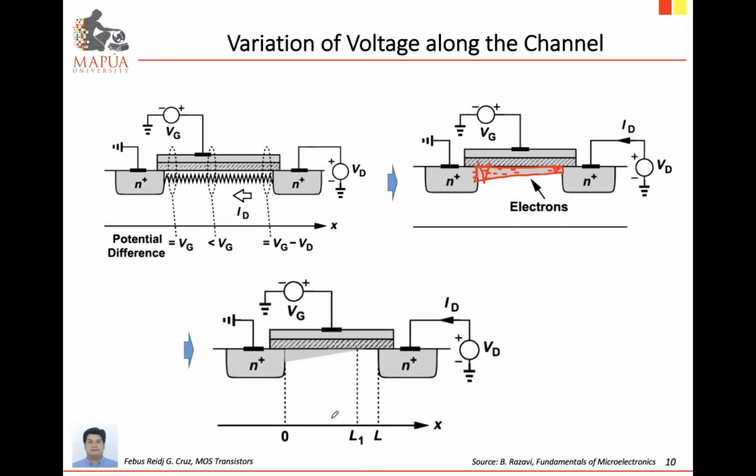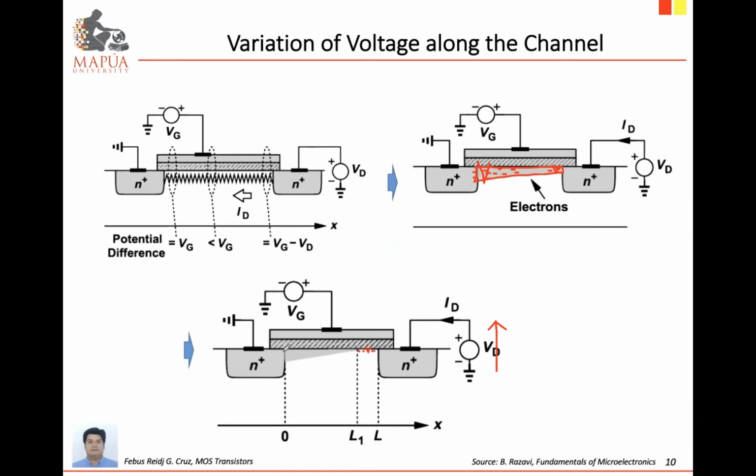Now, what if we further increase the drain voltage? Then we expect that the voltage near the drain would become very, very small, so the number of electrons attracted would be minimum. It doesn't mean that the transistor channel is open circuit within this portion.